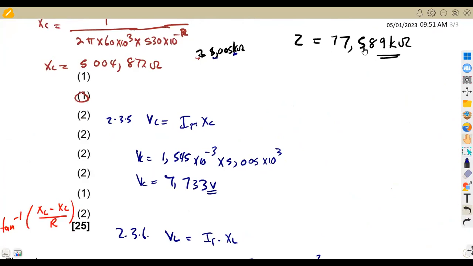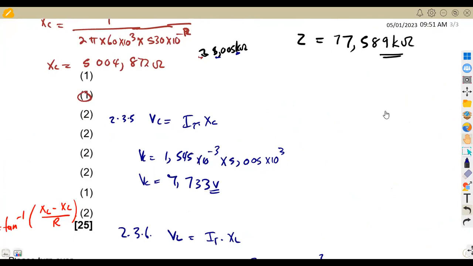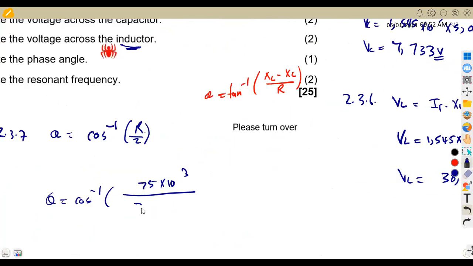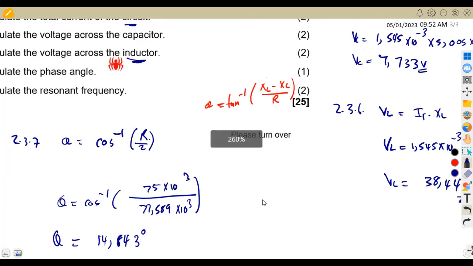We got 77,589 kilo ohms, which is 77,589 times 10 to the exponent of 3. So we can obtain the value of theta in this case, which is 14,843 degrees. All right, so that is our phase angle in this case.